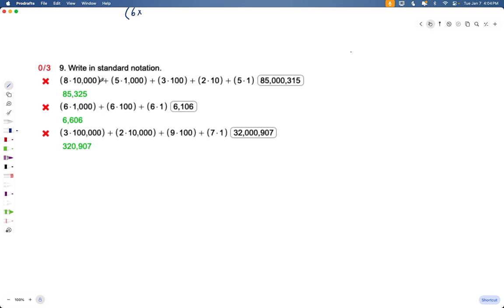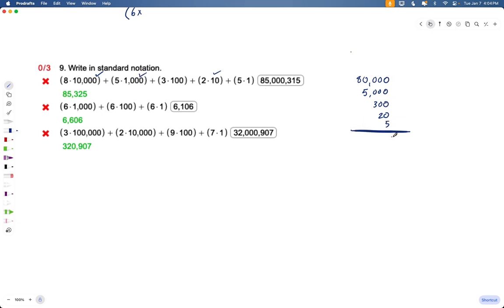But as you do these, just write it out like this: 80,000. Okay, that's the first one. 5 times 1,000, that's 5,000, right? And then 300, that's 300. And then 20, and then 5.